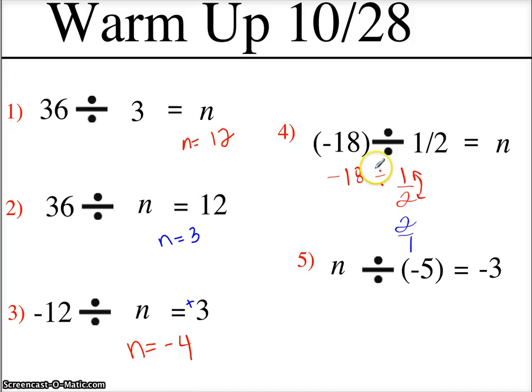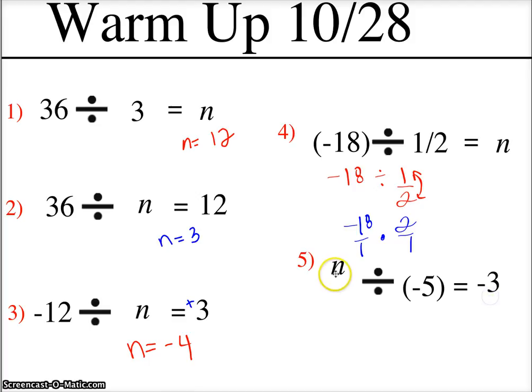And instead of having division, I'm going to have multiplication. And I'm going to have negative 18/1. Let's move these down a little bit. Okay, so negative 18 times 2, these two on top, that makes negative 36/1. So my final answer should be negative 36 for this n.